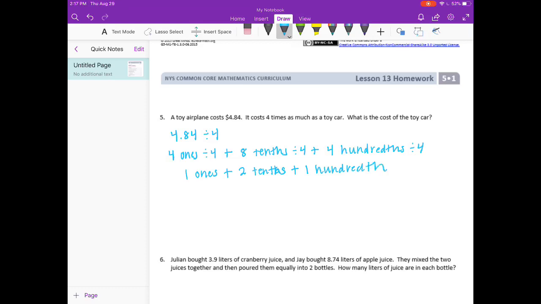And if we add those together, we have 1 in the ones place, plus a 2 in the tenths place, plus a 1 in the hundredths place. So we get 1 and 21 hundredths, or a toy car costs $1.21.